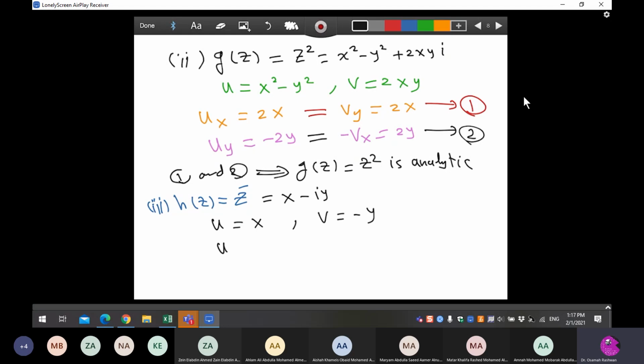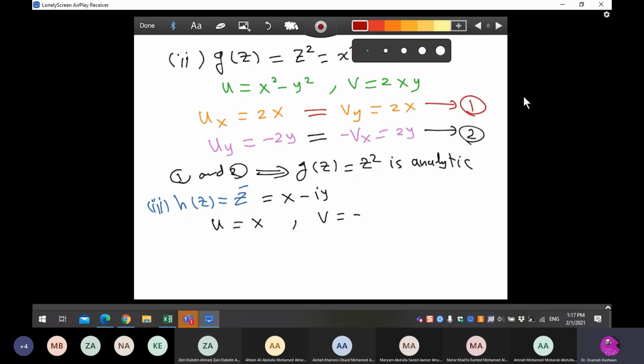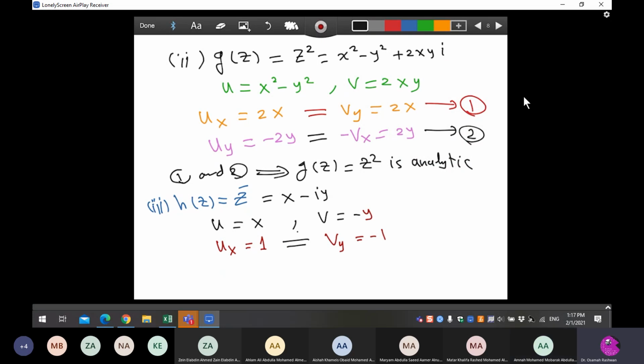Let's go for it using nice colors. What about ux? Is it 1? Yes. What about vy? Minus 1. Are they equal? No. No need to complete, right?